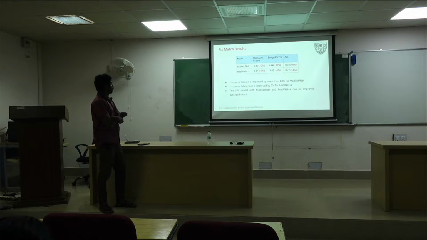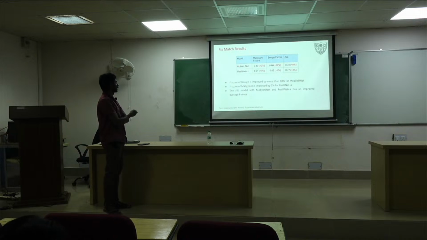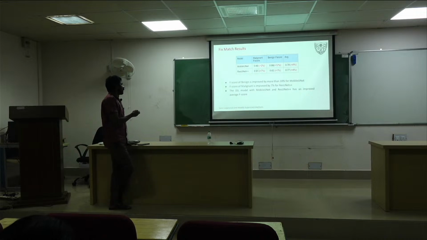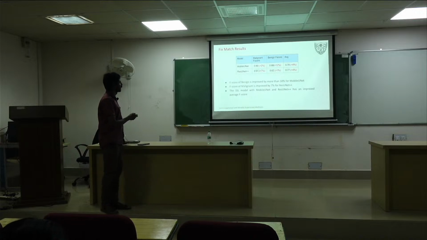So you had these two baseline models, which are trained only with supervised data, and their performance was less, and here this has improved. If you remember, this was something like 87 before, so this has become 89. This was smaller, and this has become 7% more to become 91, and the benign F score even improved.